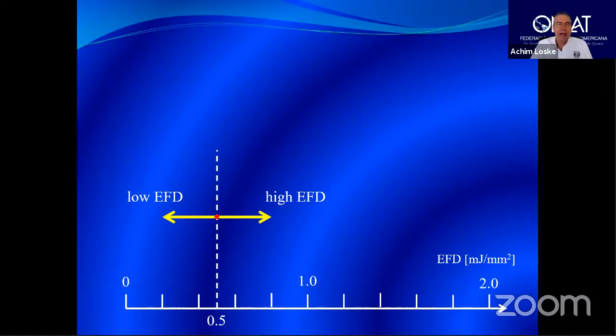However, it is based on experience. There is no physical law or something very precise to say it is exactly 0.5. If you ask me why not 0.4 or 0.6, I couldn't answer. It is just because of the experience from many years. But these are the numbers that are being used nowadays to call low energy flux density and high energy flux density for ESWT.